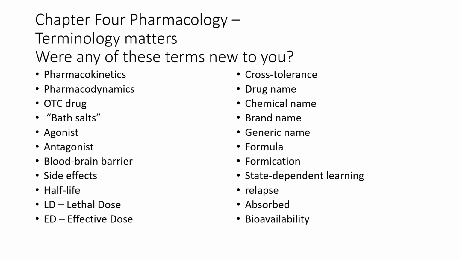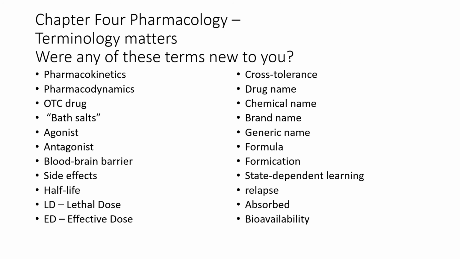Here are some of the terminology that was used in this video and in the chapter that we're studying in class. It's important that you know the meanings of these words. Pharmacokinetics, pharmacodynamics, over-the-counter drugs, OTC, bath salts. We'll talk more about that in the video on stimulants.